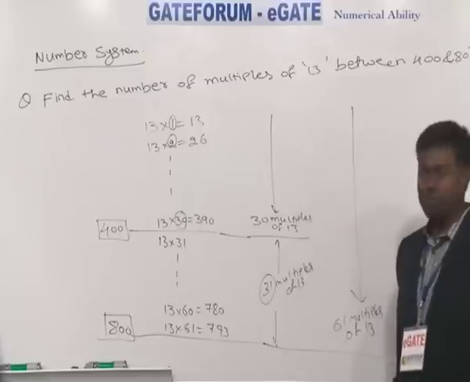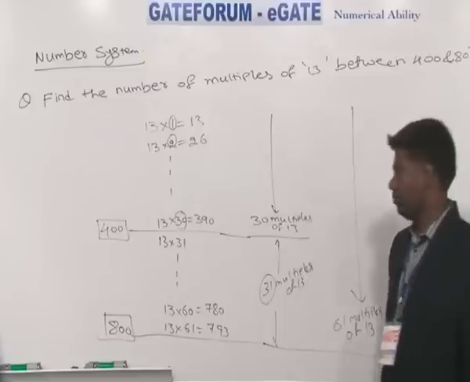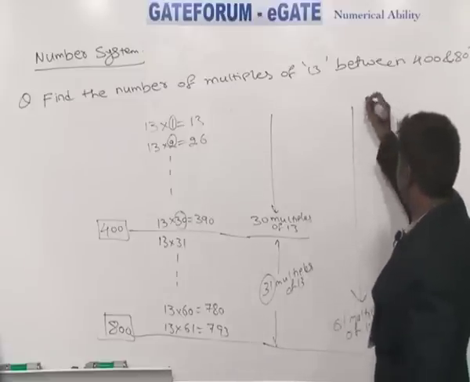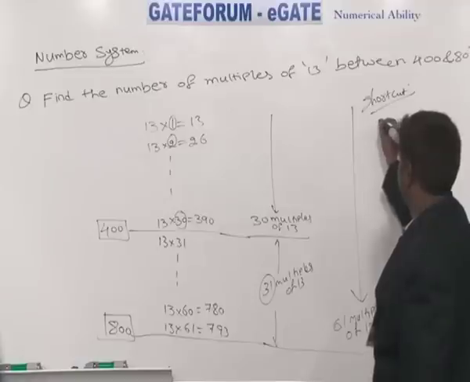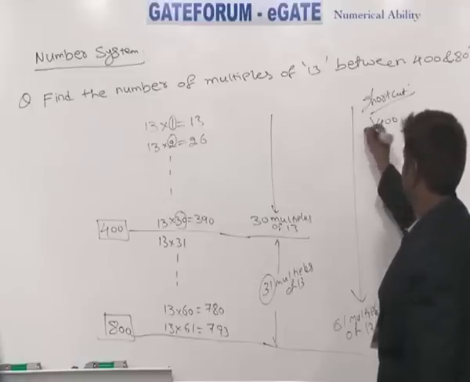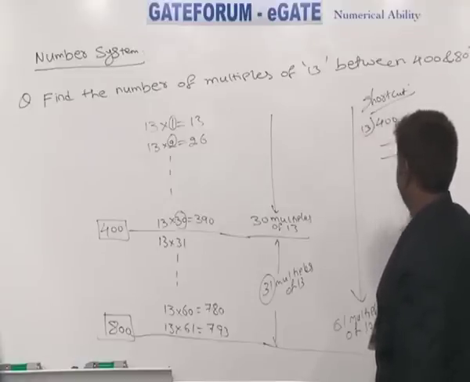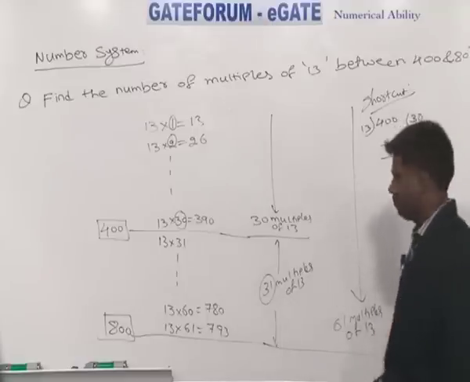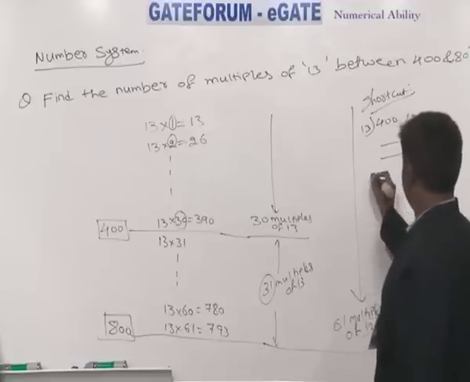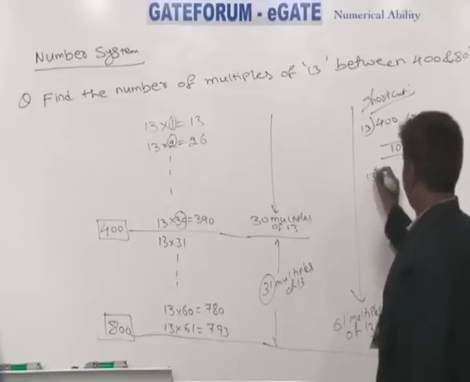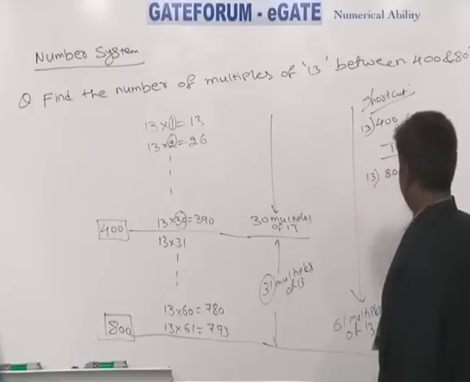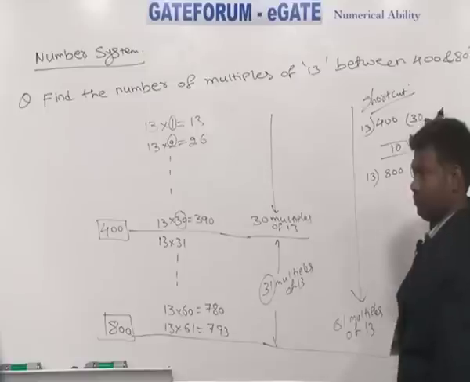This is a lengthy explanation. Let us consider a shortcut. 400, if you divide by 13, you get 30 as quotient and 10 as remainder. 800 if you divide by 13, you can double this.